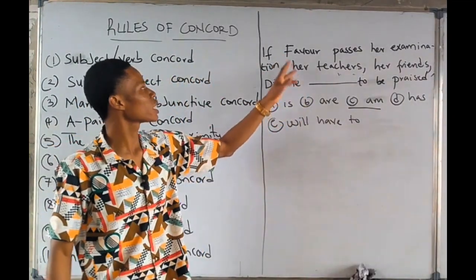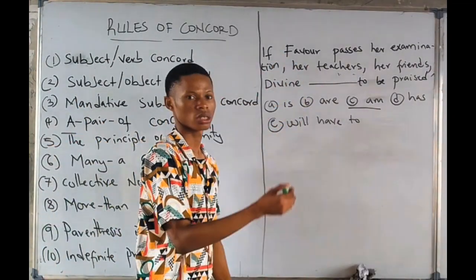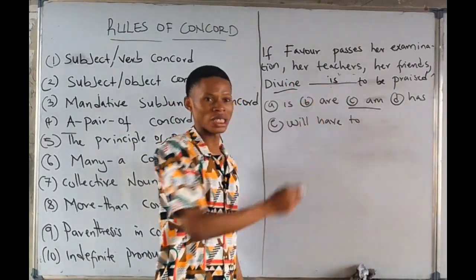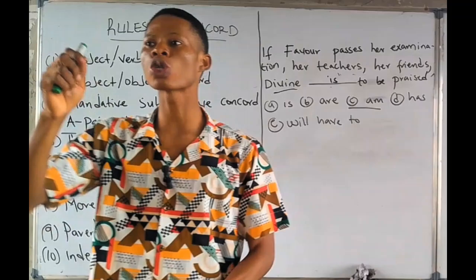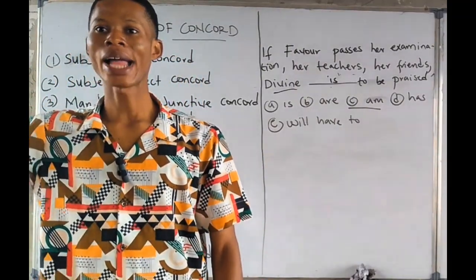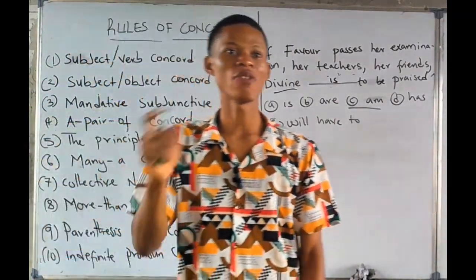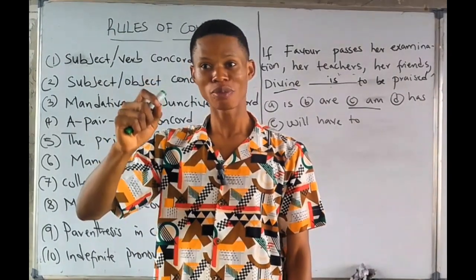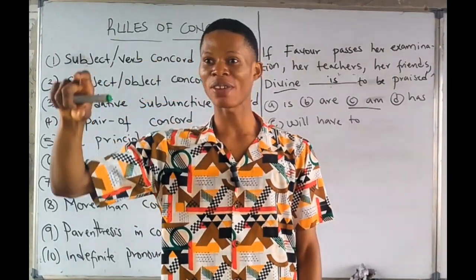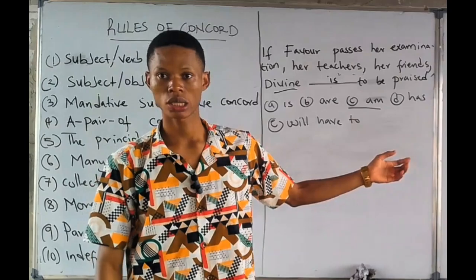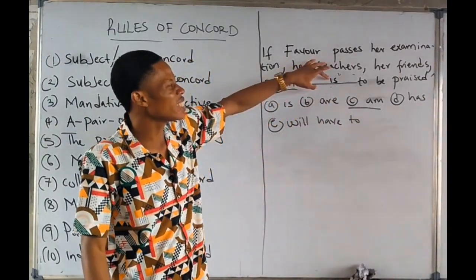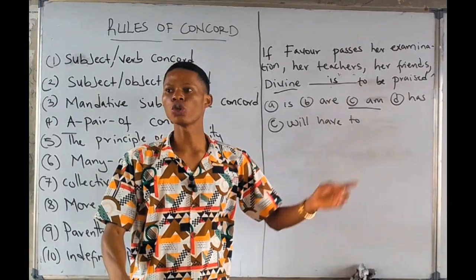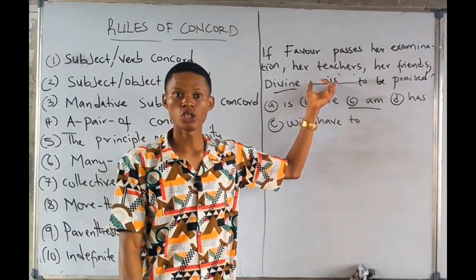In this case, the correct answer is what? Is, right? This singular, it goes with is. But if it was I, it will always go with am. I am to praise. Divine is. You can't say Divine am to praise. Even the examiner will minus like 5 for saying nonsense. So Divine is. I am. So if it was I, you use am. If it is a name there, you use is.